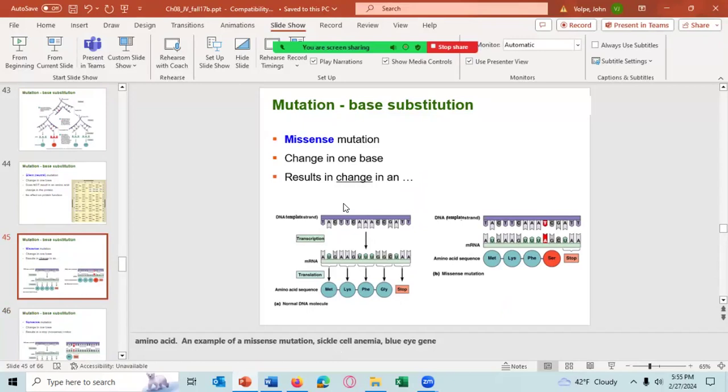codon changes one amino acid in the protein, resulting in the sickle cell protein of hemoglobin, which is only one amino acid change out of more than 1,000 amino acids. And it totally changes the hemoglobin protein.